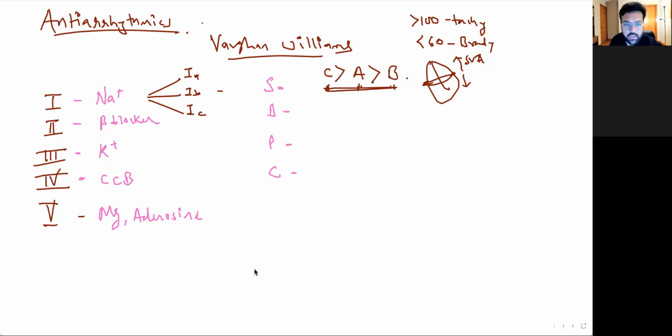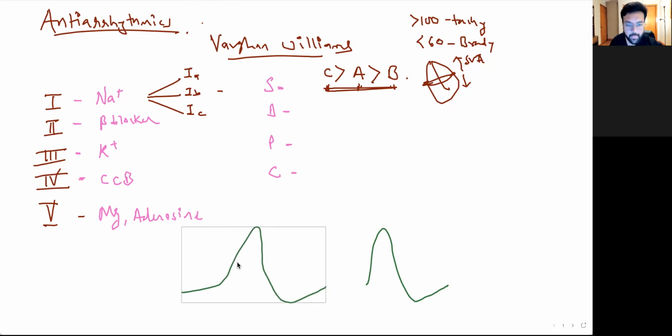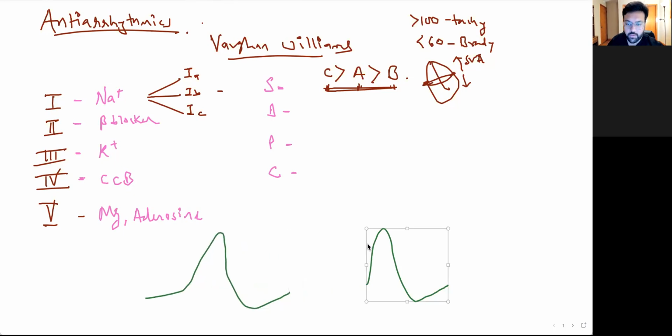Can you rapidly tell me what the three phases of pacemaker potential are? What is the bottom phase of the action potential? This one is phase 4. Very good.